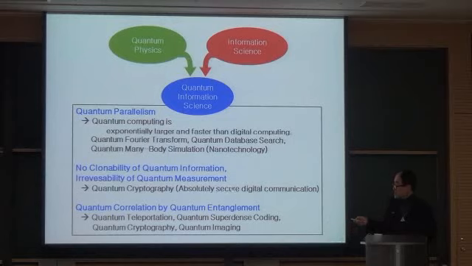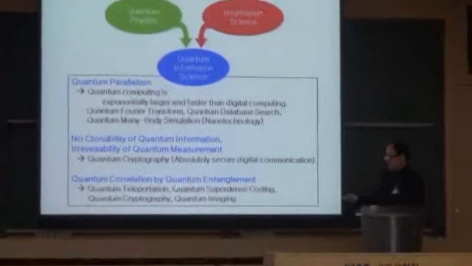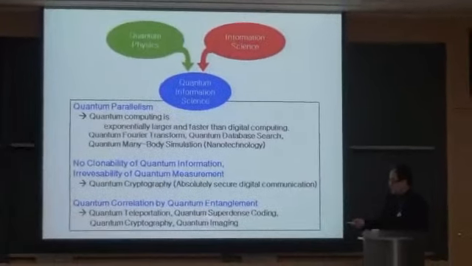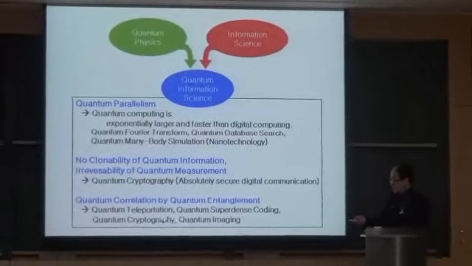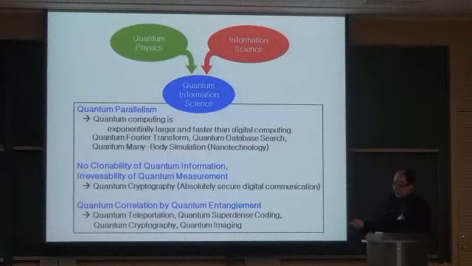That is absolutely secure digital communication. And also in quantum mechanics, quantum entanglement is a correlation that cannot be mimicked by classical physics. That can provide us with quantum teleportation and quantum superdense coding, and also quantum cryptography and quantum imaging.